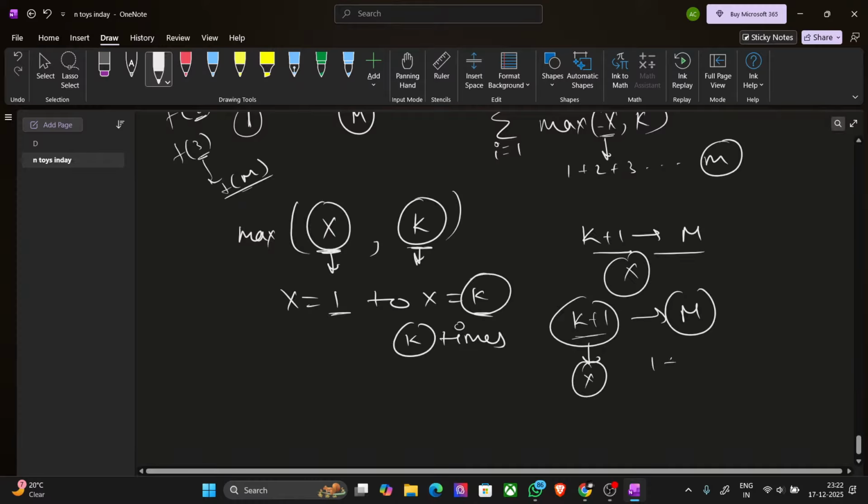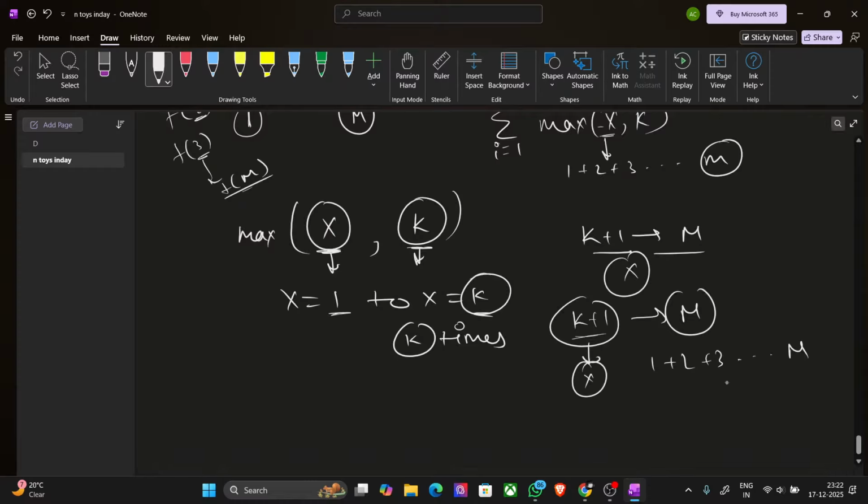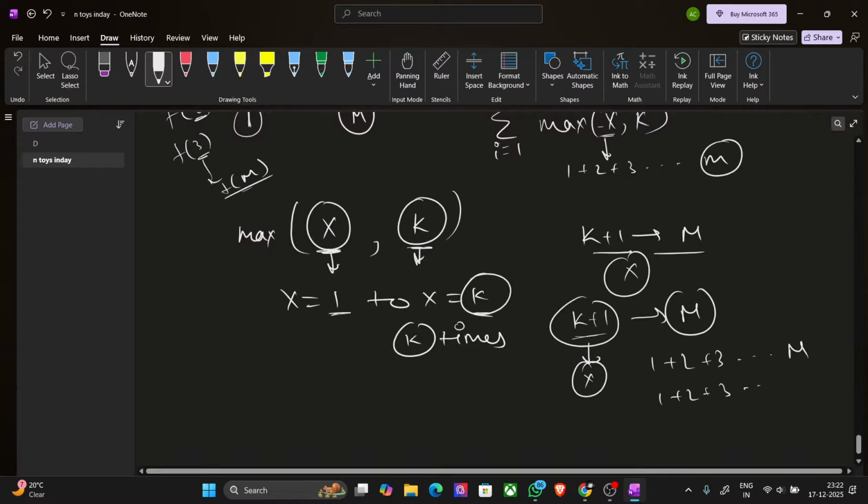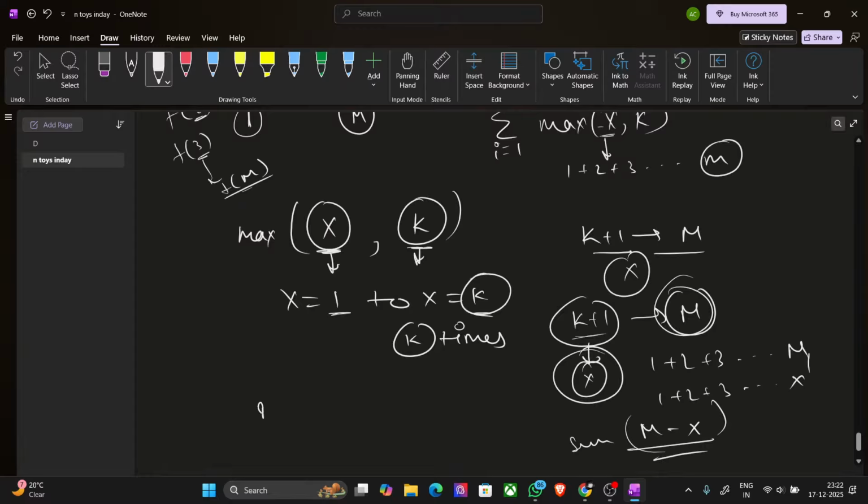So we can just count 1 plus 2 plus 3 up to m, and count 1 plus 2 plus 3 up to x, which is the lower boundary, and m is the upper boundary. Then we can subtract these. So this will come out to be the summation of m, which is s1 minus s2, and this occurs when x is smaller than k. This occurs k times, so I can just add k into k.